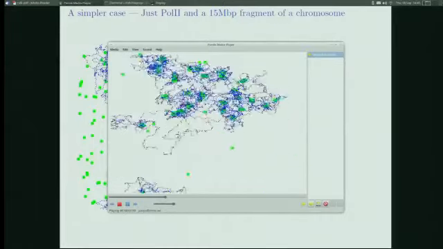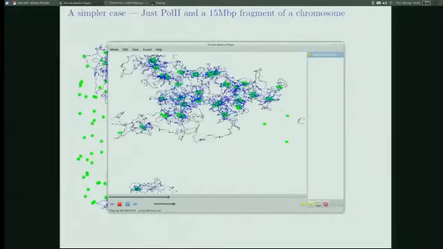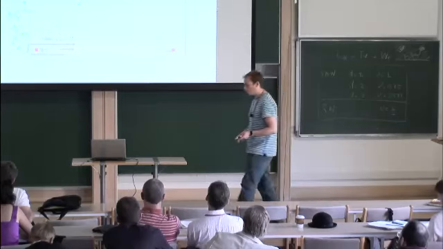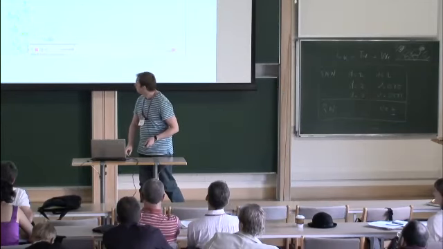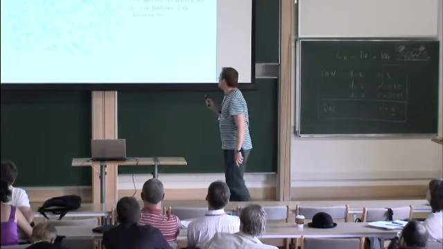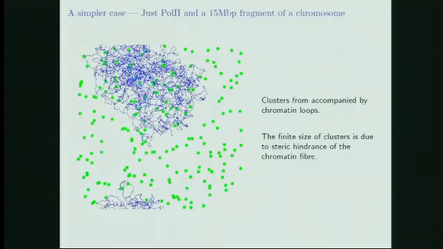I thought it was quite cool how quickly that seems to emerge, just due to this clustering effect. So clusters form accompanied by these chromatin loops, which look a bit like rosettes. And the finite size of the clusters, we think, is due to just the steric hindrance of the chromatin fiber. So you can only get so much chromatin in these clusters.